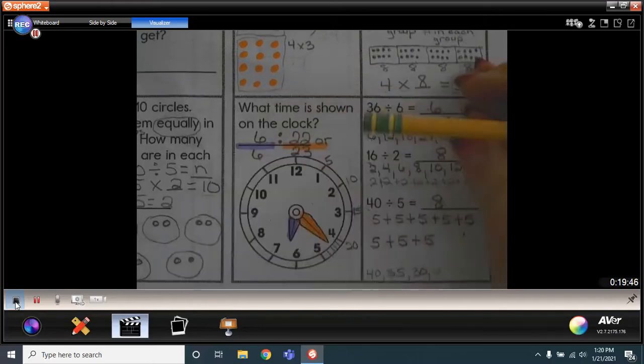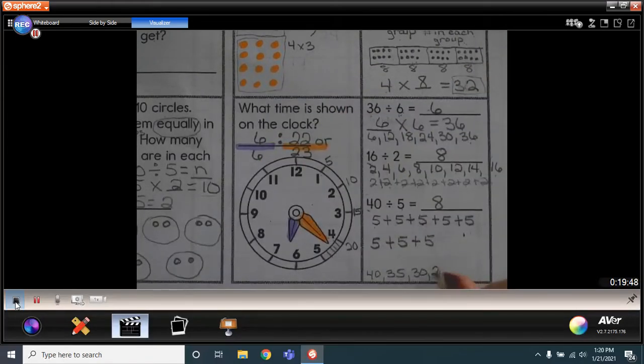So 25, 20, 15, 10, 5, and finally 0. So 1, 2, 3, 4, 5, 6, 7, and finally 8. I was able to take out 8 groups from those 40.